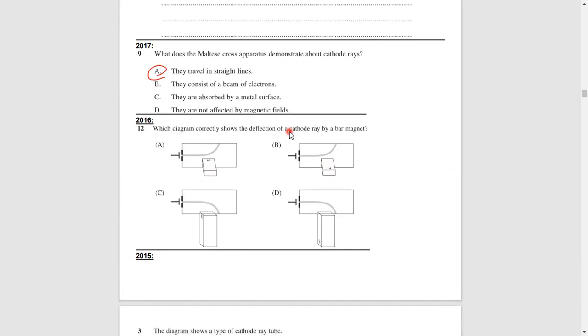Which diagram clearly shows deflection of a cathode ray by a bar magnet? If you get a question like this, just recognize that that's the North Pole, that's the South Pole. Remember, a cathode ray is an electron. So the electron is negative, of course, and this is positive. That's the negative, that's the positive.